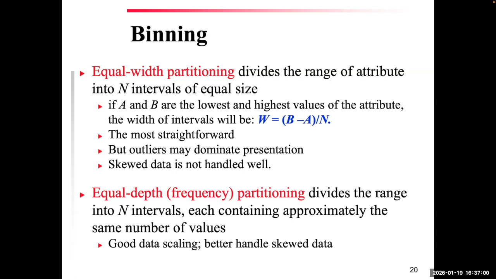For example, I give you several numbers, you sort them, and you find the highest and lowest. Let's say B is the highest value and A is the lowest value. Then I ask you to group them into 3 intervals, so I also give you the number of bins, which is 3. Then using this formula, you can find the width or range of each bin. Each bin in this method will have the same width, and this is the most important thing here.